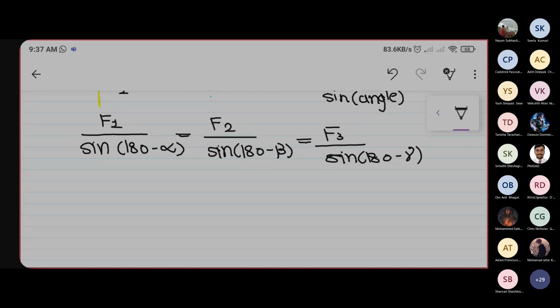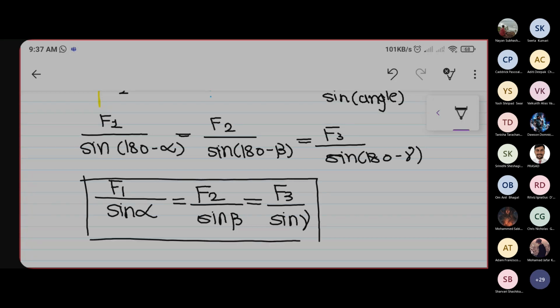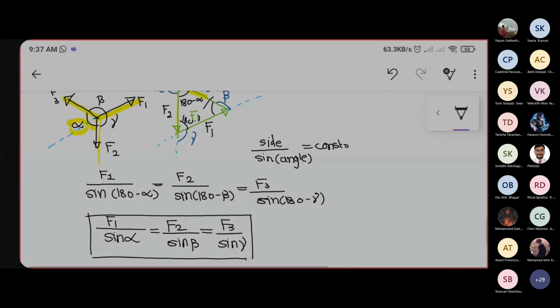is sine A cos B plus cos A sine B. So if you solve this, you will get F1 divided by sine alpha is equal to F2 divided by sine beta is equal to F3 divided by sine gamma. If you see this statement of Lami's theorem, you can see F1.